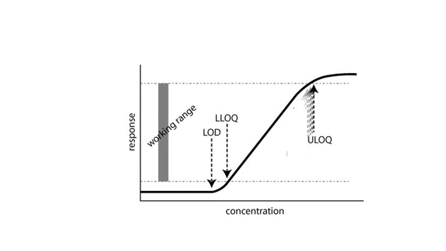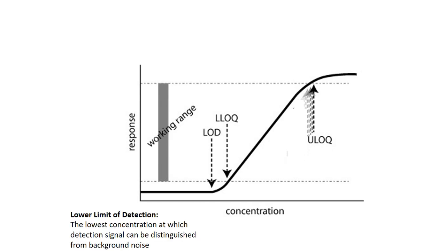But in terms of determining when you can accept results from an ELISA, there are a few definitions you need to appreciate, okay? The first is the lower limit of detection. So here it is indicated here, okay? Here, all along here.